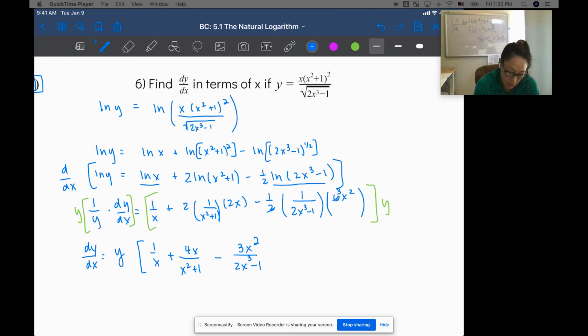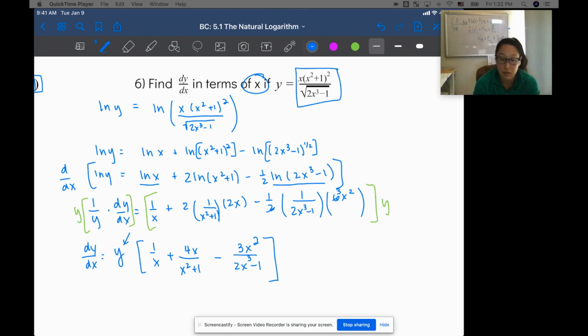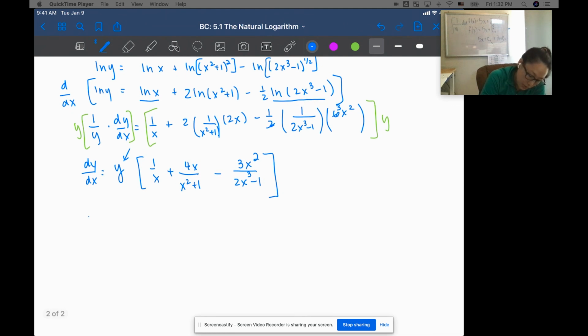Got my squares and my cubes all right. And then remember we said in terms of x, so we need to swap out this y, but the equation is already solved for y, so we can just plug this in. Really, this is just like torture for my hand because it's a lot of writing.